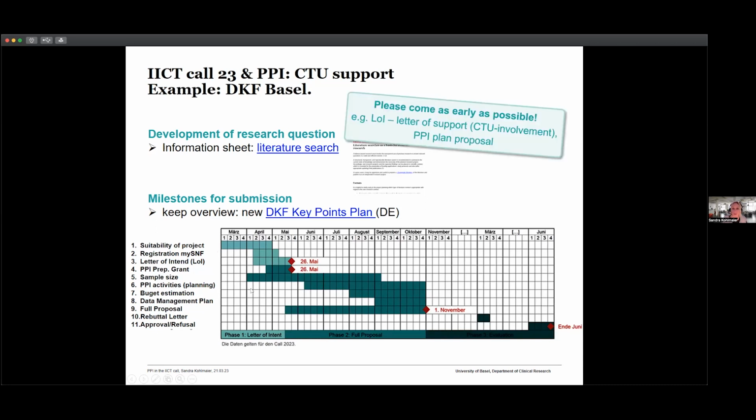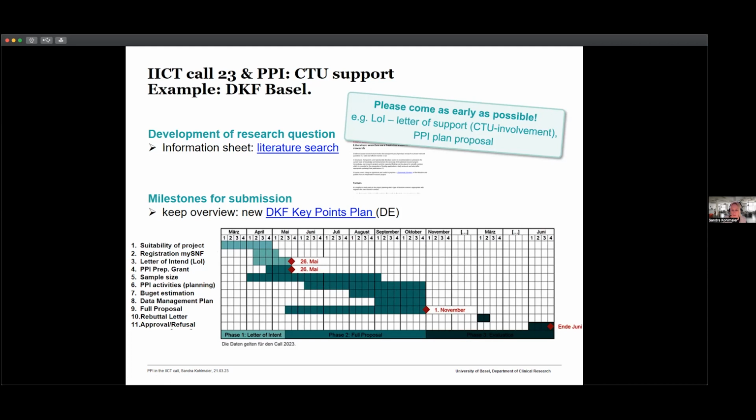And now coming to the time, when should you contact your CTU? It is quite easy. So please come as early as possible, because it is the same as the PPI activities. The earlier, the better.